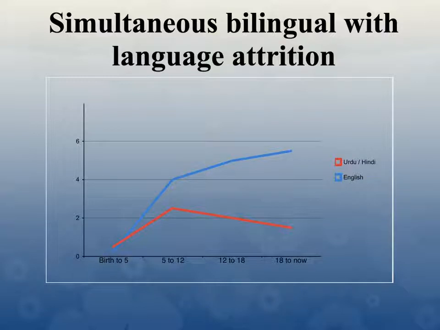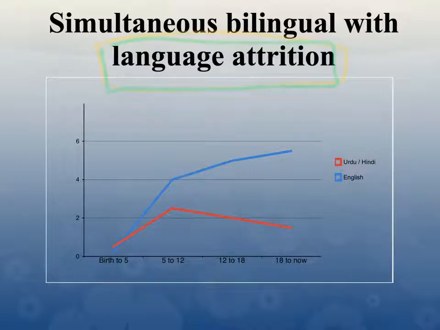In this example of a simultaneous bilingual, we see another example of what's called language attrition. Language attrition means that you actually forget the language. We sometimes underestimate that language proficiency, or the development of language, doesn't always go up in a straight, continuous line. It can sometimes decrease over time because of lack of use or exposure, and then increase again.